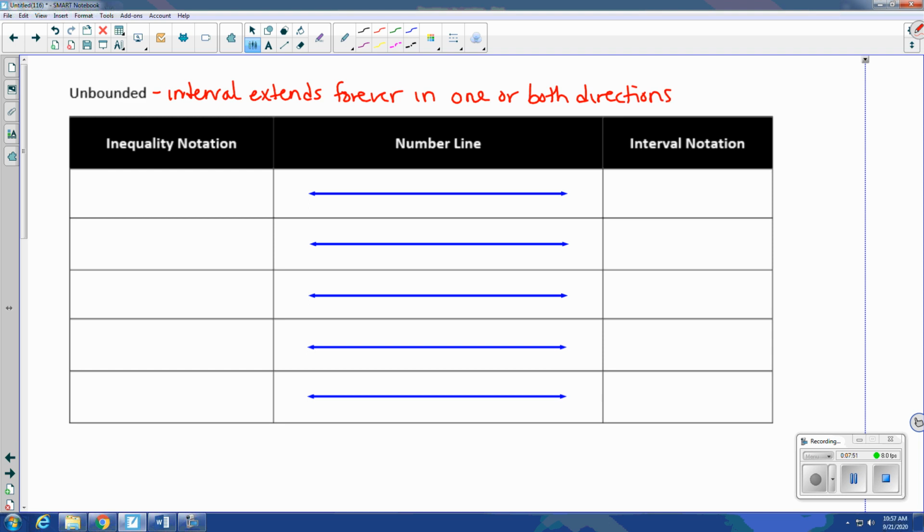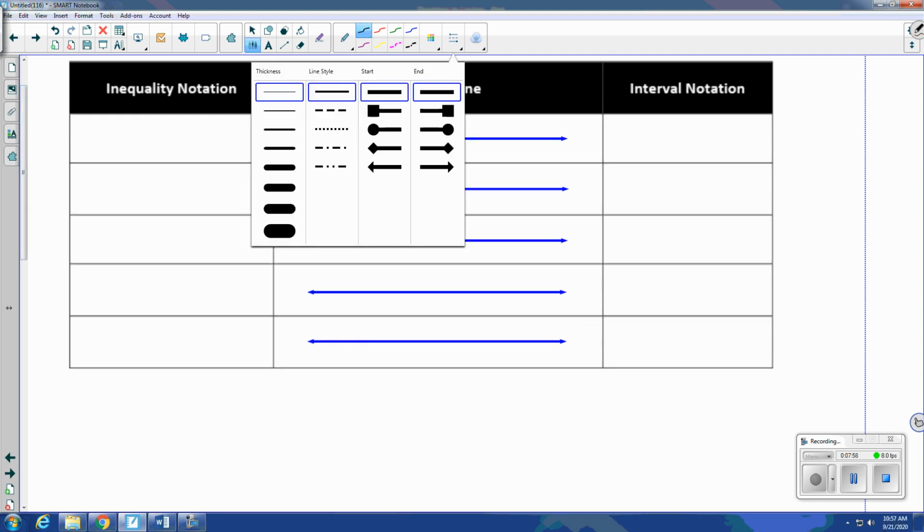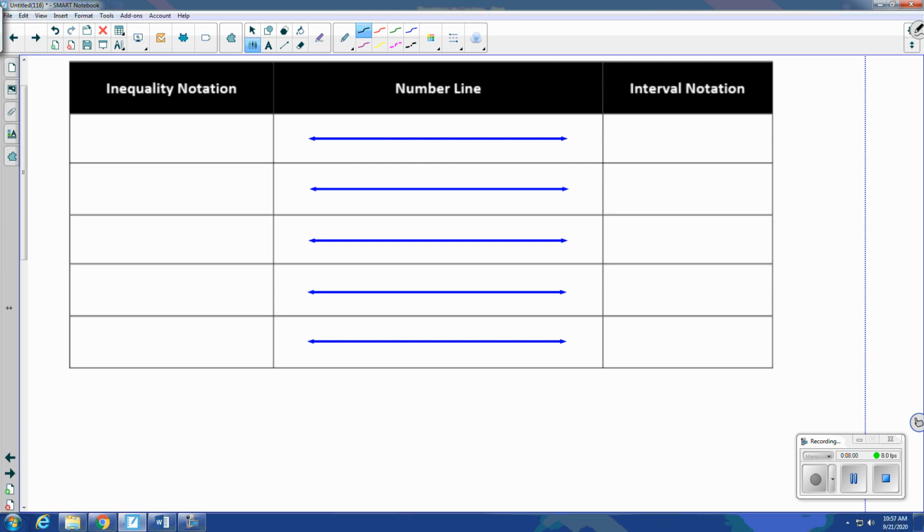We're just going to use a single number here, A, and now let's list the possibilities.